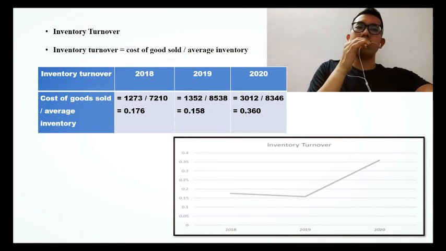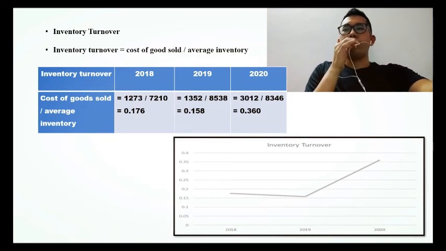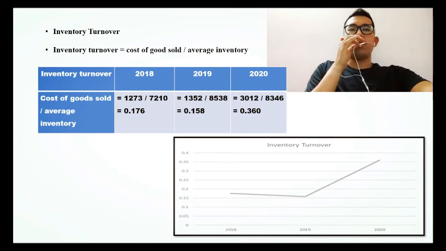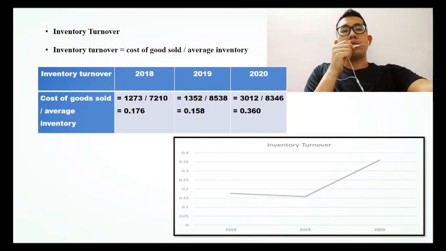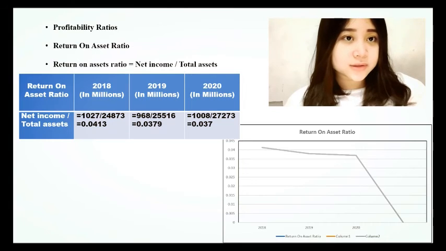For 2018, the inventory turnover is 0.176, and for 2019 the ratio is 0.158. And lastly, for 2020 the ratio is 0.360.